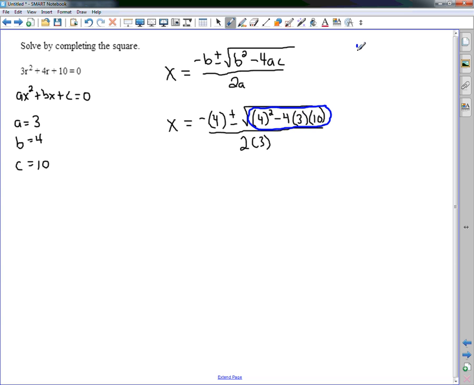So I have 4 squared minus 4 times 3 times 10. Well, 4 squared is going to give me 16. Negative 4 times 3 is negative 12. Times 10 is negative 120.